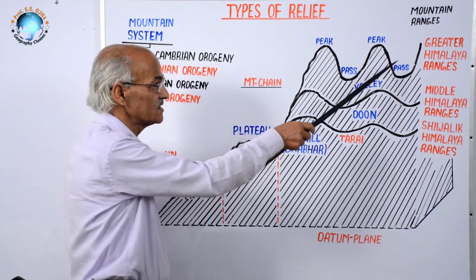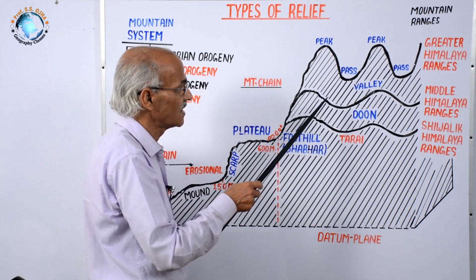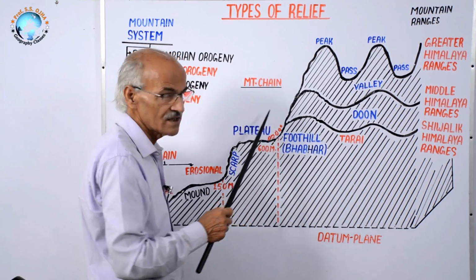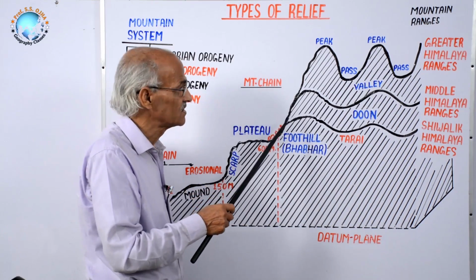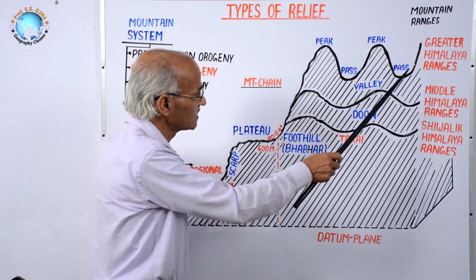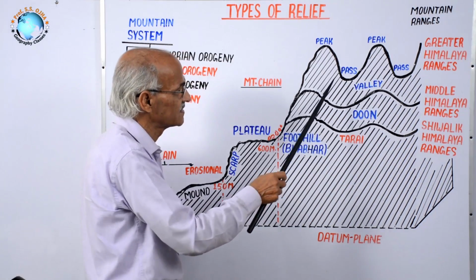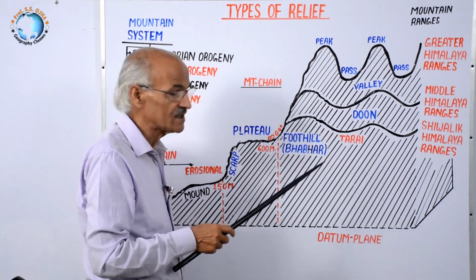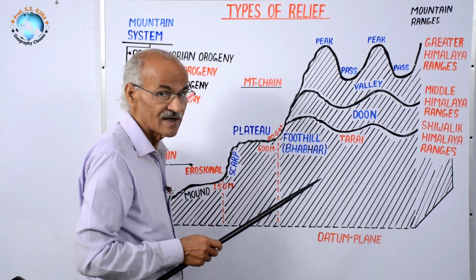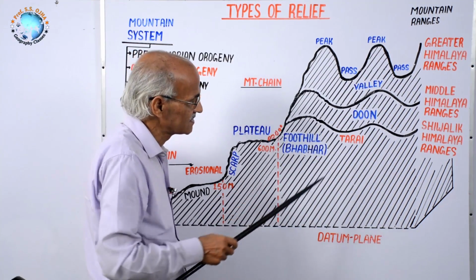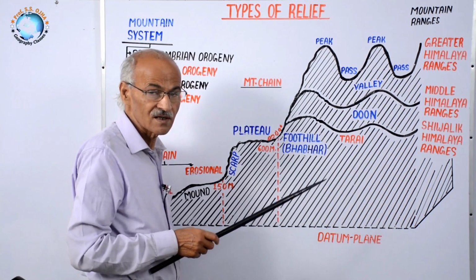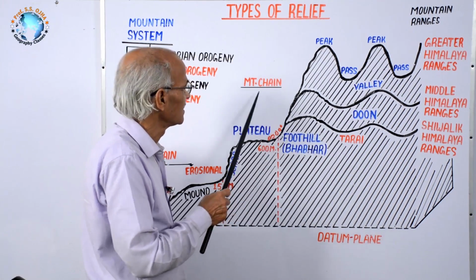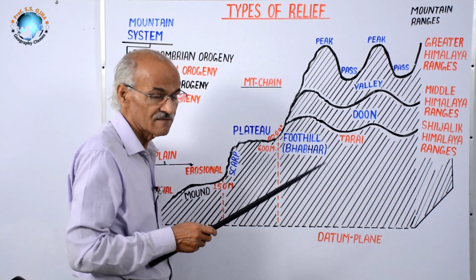Now a mountain range is clear to you: the Himalayan region is a mountain chain. In one mountain chain there are 3 separate mountain ranges. Greater Himalaya is a mountain range, Middle is an independent range, Shivalik is an independent range. But if we take these 3 collectively, that is called a mountain chain.